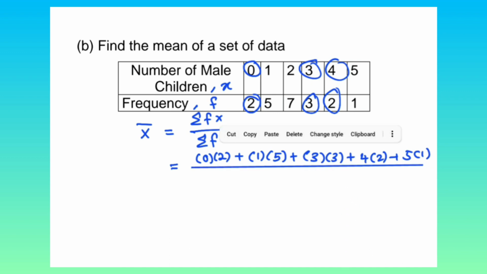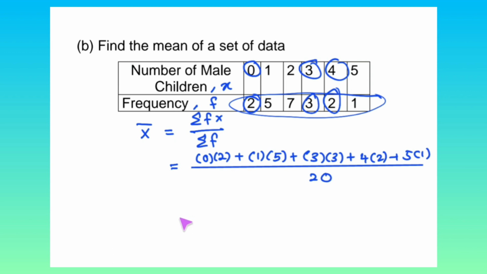Divide by the total of f. So add up all, this is 20. So we have here 41 over 20, and you can find the final answer by yourself.